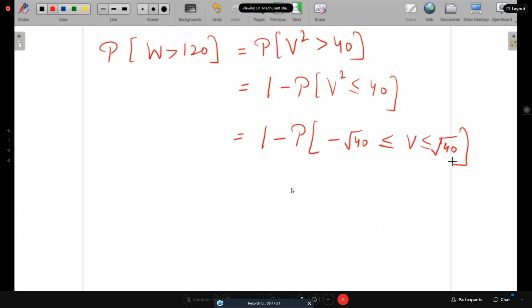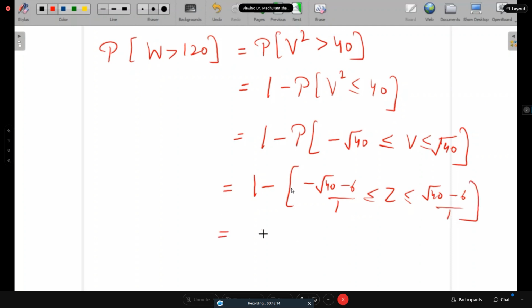Now this is going to be 1 minus the probability that minus root 40 minus 6 by 1 is less than or equal to Z, less than or equal to root 40 minus 6 by 1.